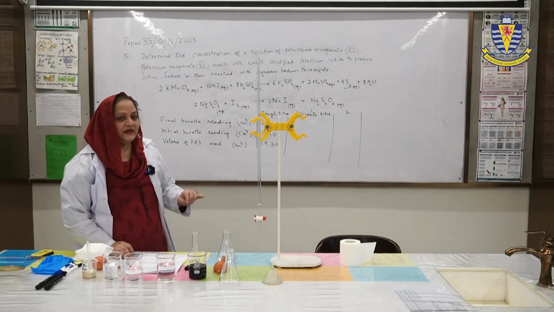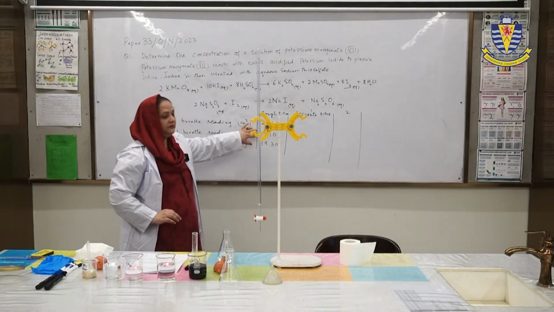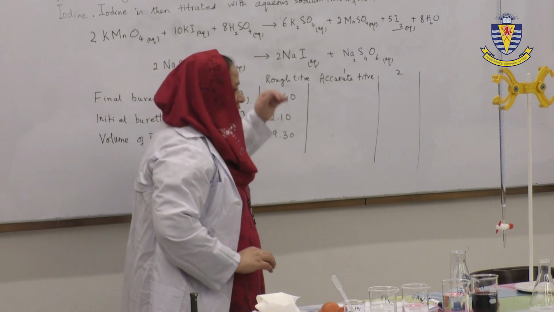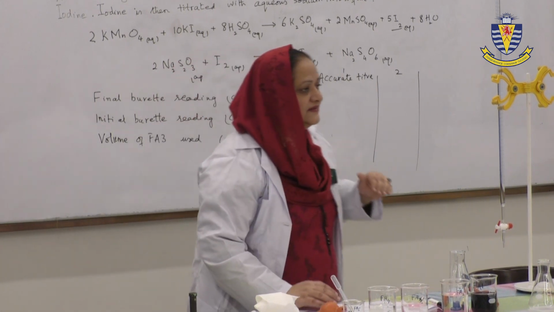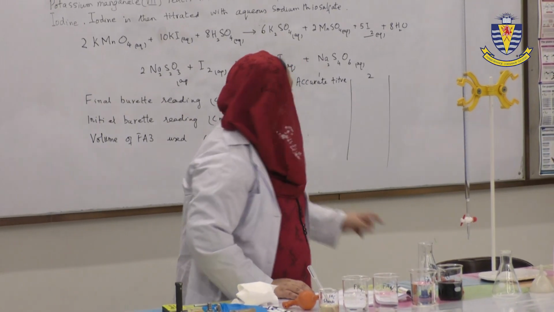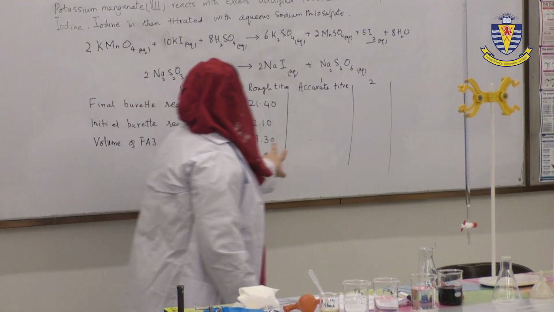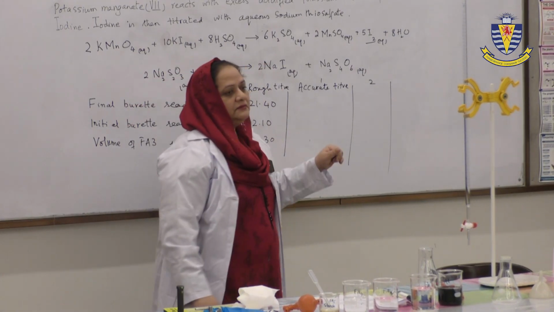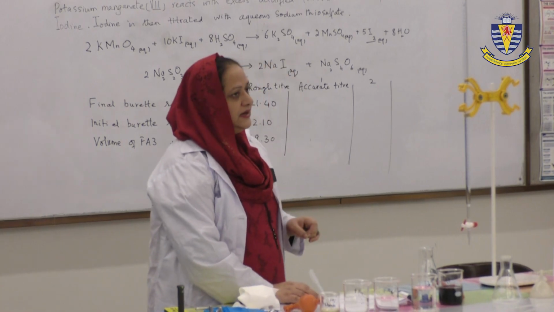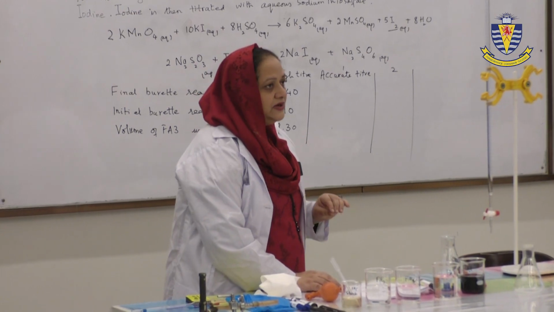You have to be very careful, at least 2 centimeter cube before the rough titer has been obtained, so that you get the exact titer value. You have to be very precise in getting the reading, because the maximum difference between the two titer values should be 0.1 cm cube and not more than that. It is preferable that it should be the accurate value.